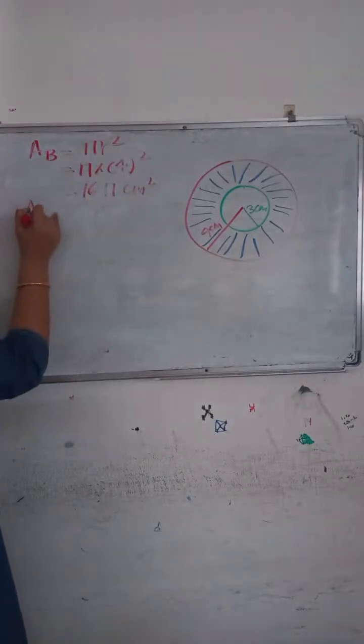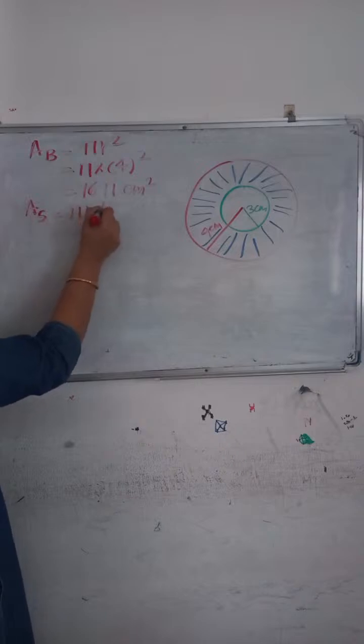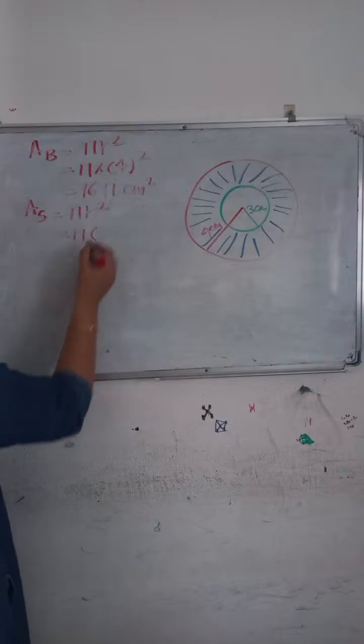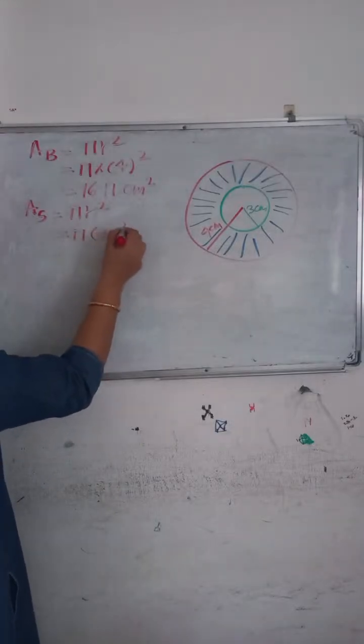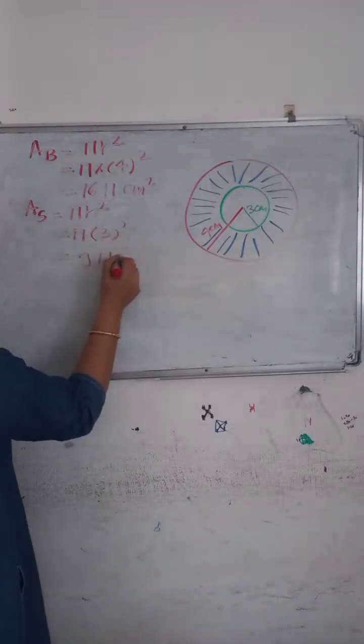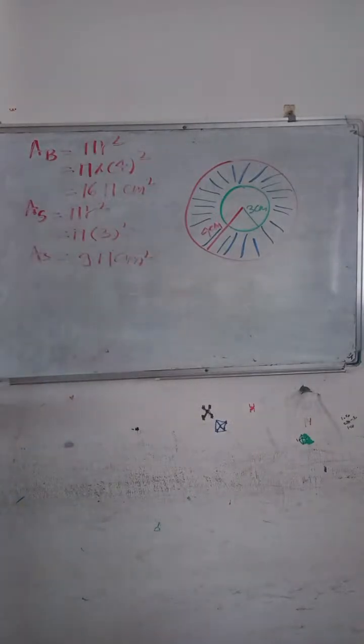Then area of the smaller circle is again pi r square, and for the smaller circle r is 3 square, that is 9 pi centimeter square. This is the area of the smaller one.